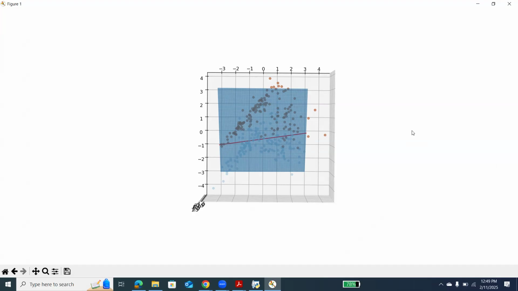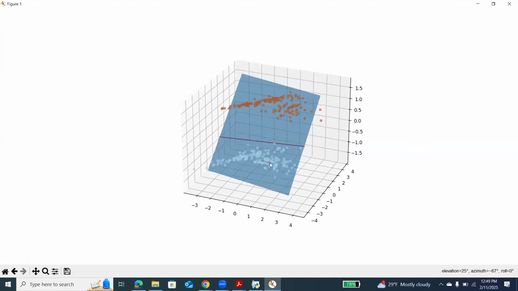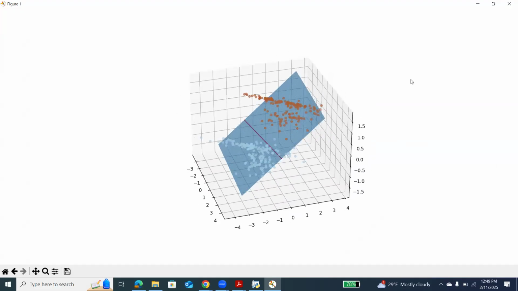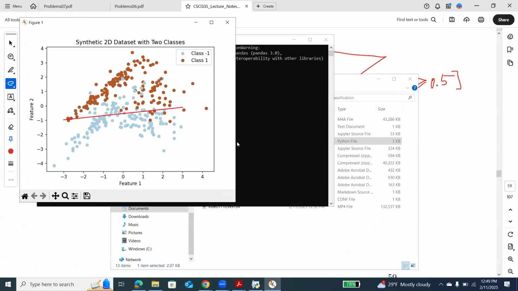So this is another point of view, the two-dimensional projection of our image.